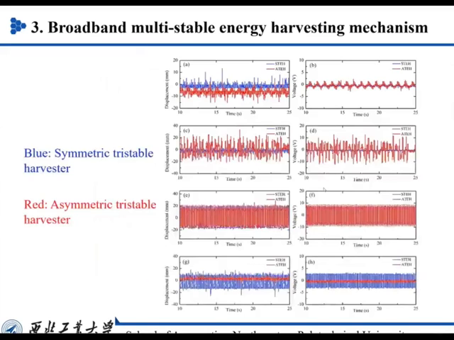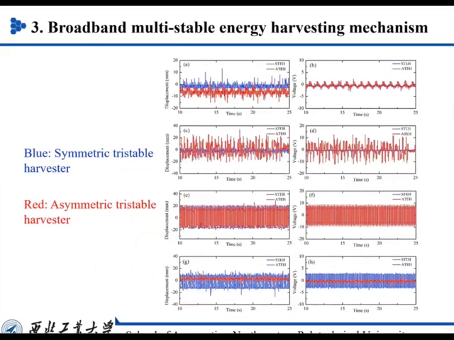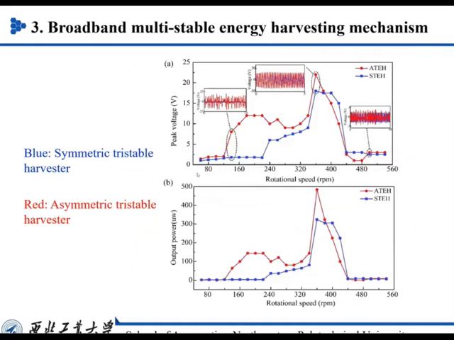Okay, and we also compared the asymmetric tristable harvester and the symmetric tristable harvester in rotational motion. We found that in some cases the asymmetric tristable harvester may work better. The red one is the asymmetric tristable harvester.